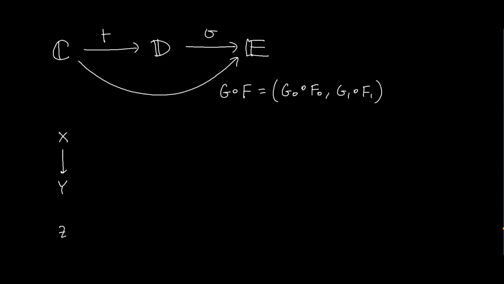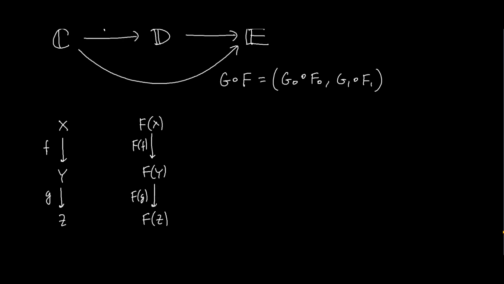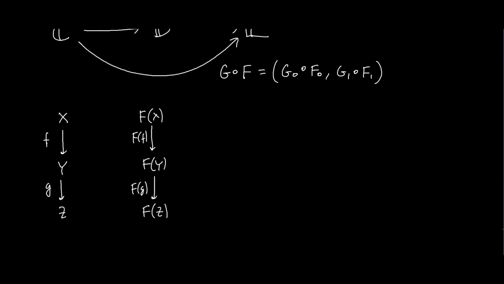Whenever we have two morphisms, f and g, when we apply the functor F, we get this setup, and already this picture shows that the functor must preserve domains and codomains of morphisms.